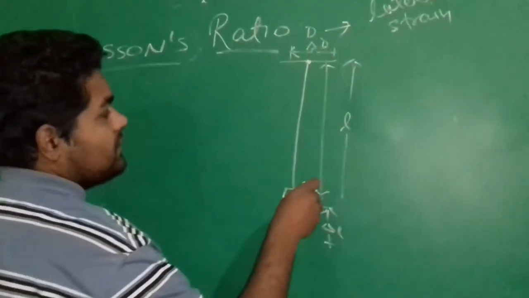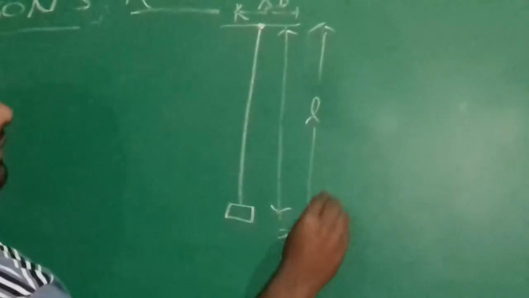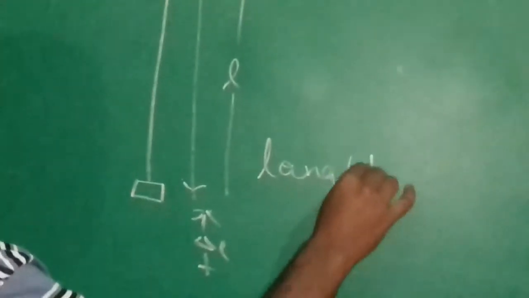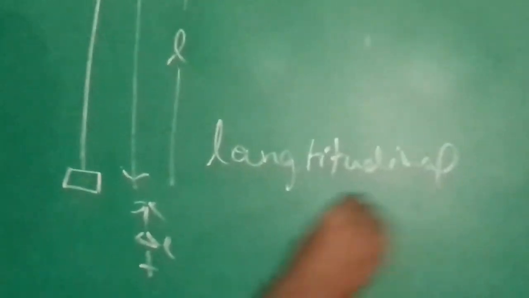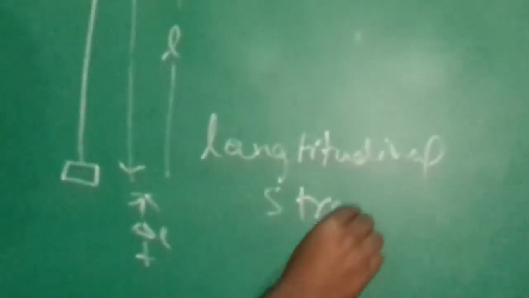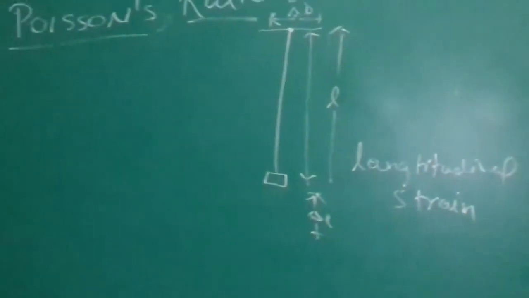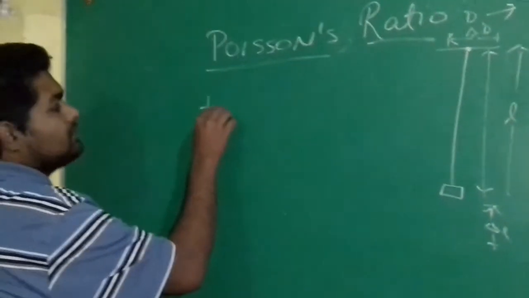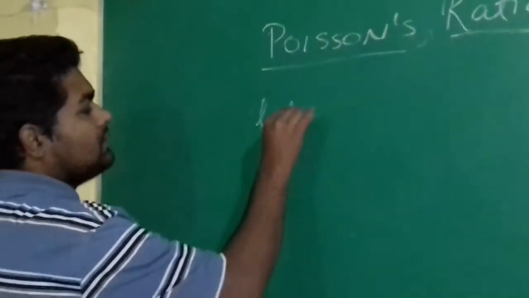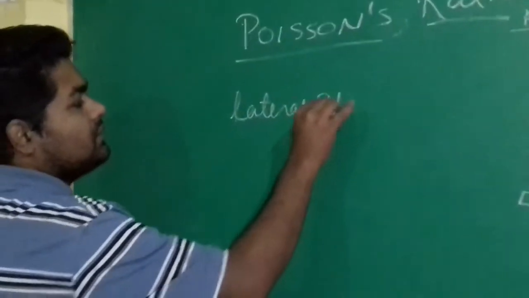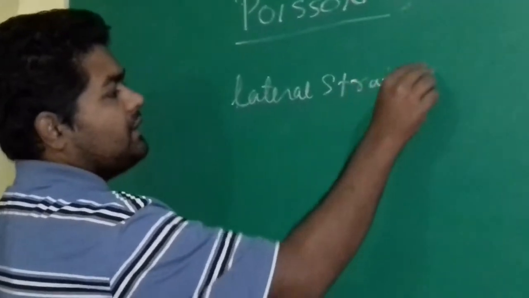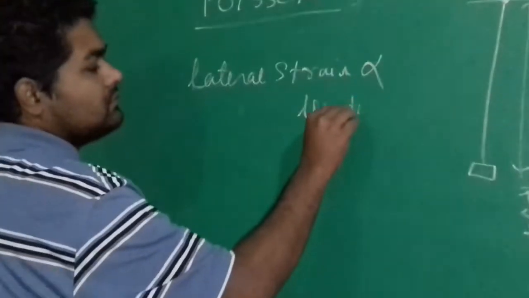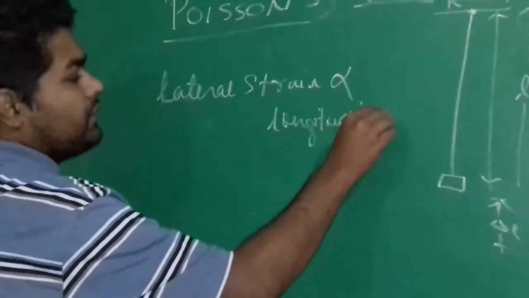And the strain related to elongation will be considered as longitudinal strain. Okay, so practically it has been seen that lateral strain is directly proportional to longitudinal strain.